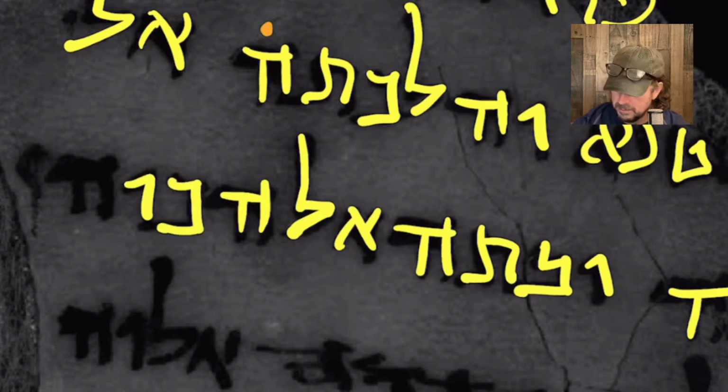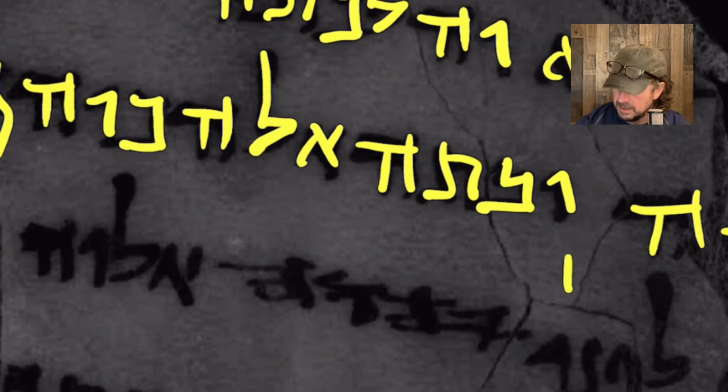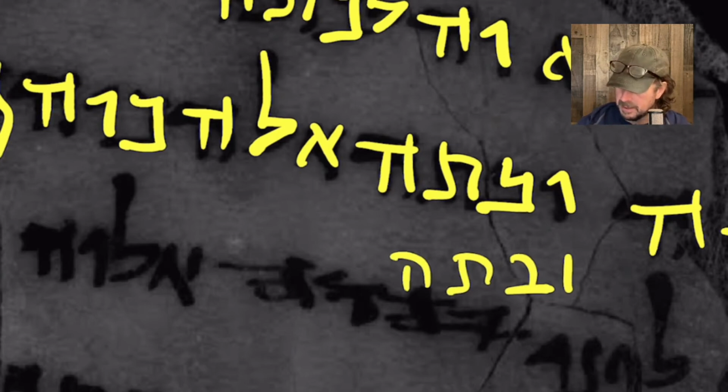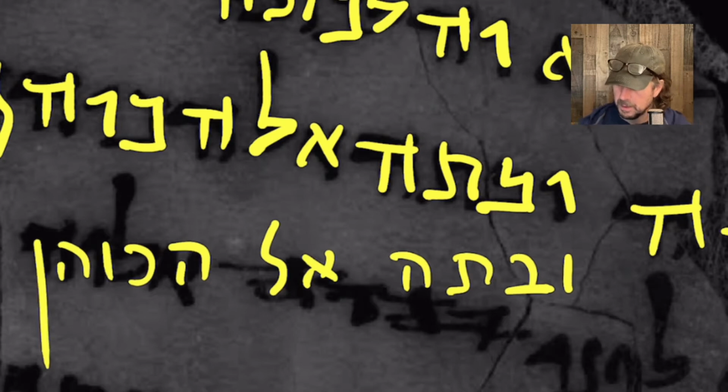Kaf, vav, hey, and then a nun sofit. So this is, and you will come. If I were to write this in standard block, vav, bet, tav, hey, and then el, and then hakohen. And you will go to the Kohen.